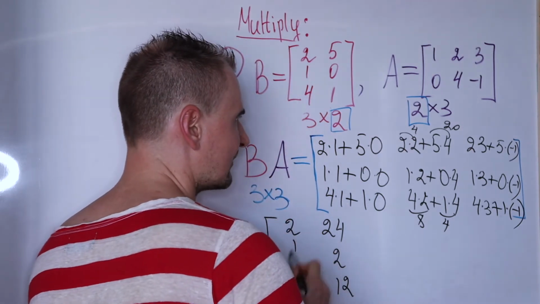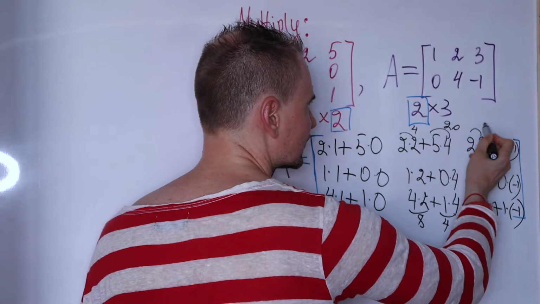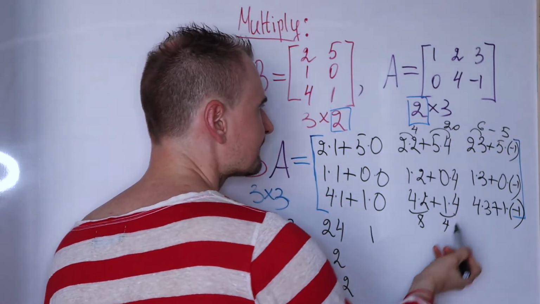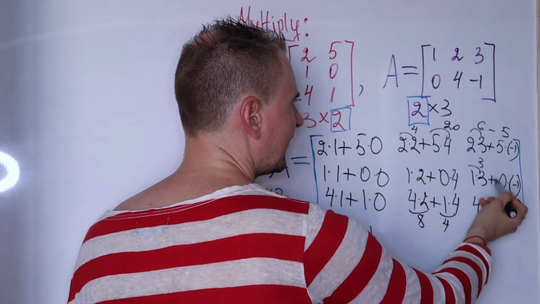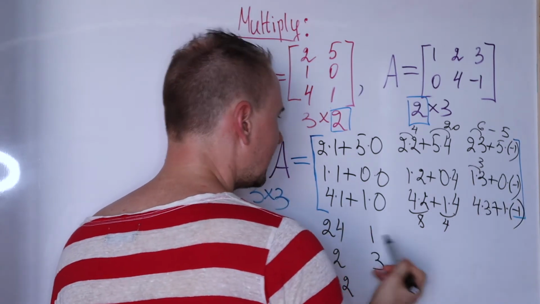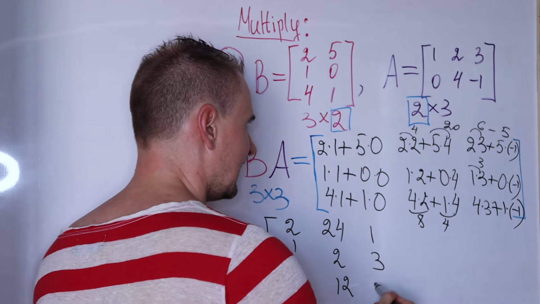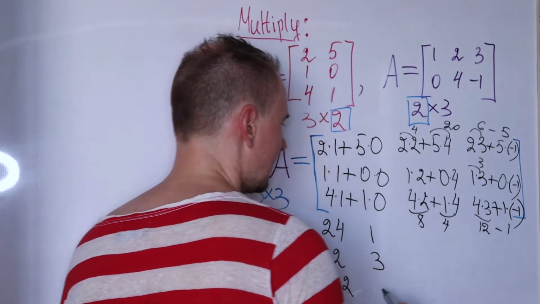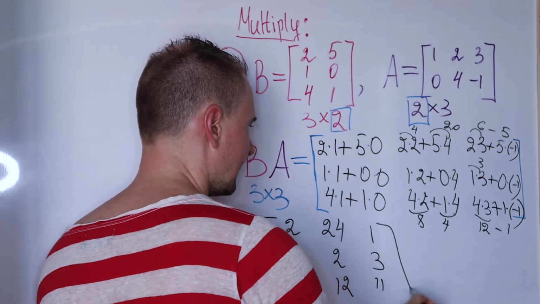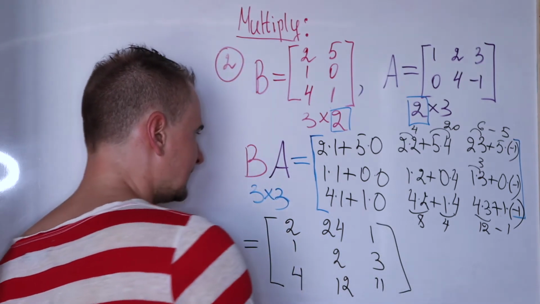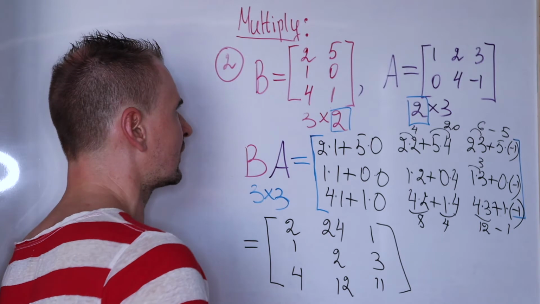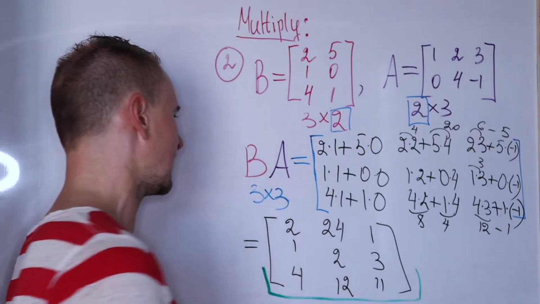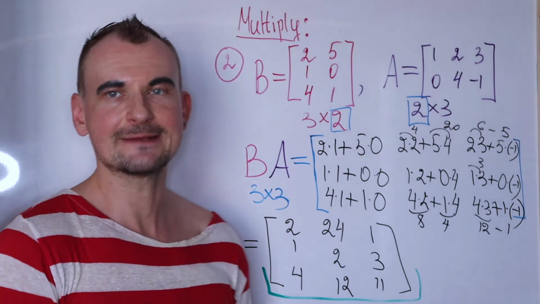And the last column, let's fill out. So this is 6 minus 5 gives you 1. Over here 3 plus 0, that gives you 3. And finally the last element, that's 12 minus 1, that would leave you with 11. So that's your resulting matrix for this multiplication, B times A.